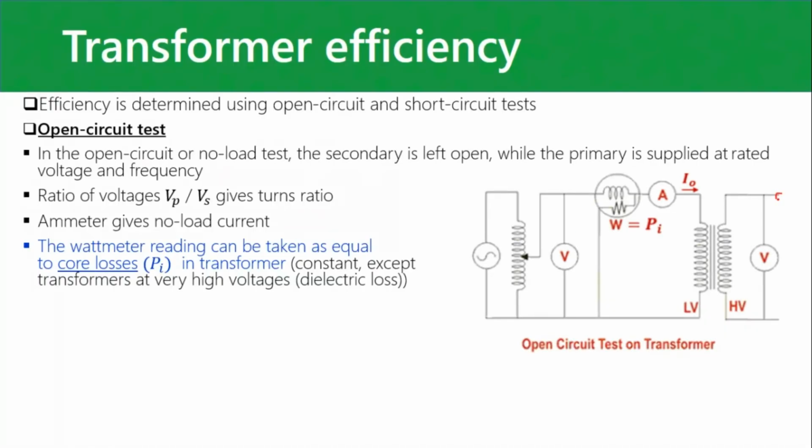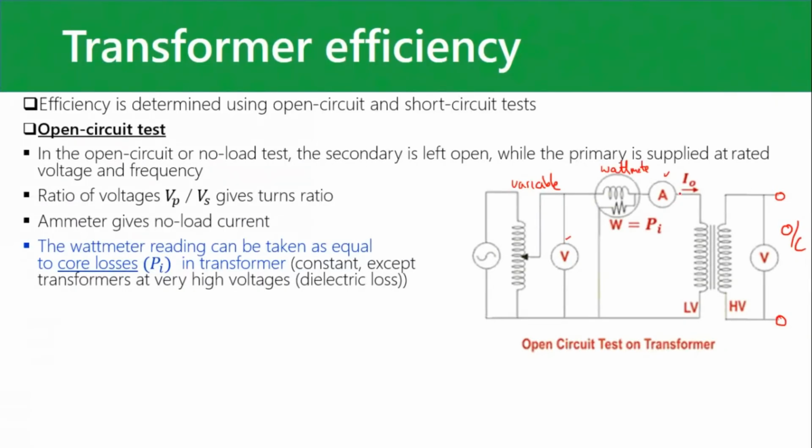That means here on the secondary, it's open circuit. So all you do is apply a variable voltage here, a certain voltage. There's a watt meter, true power, P. And an ammeter, so you've got your volts and currents.